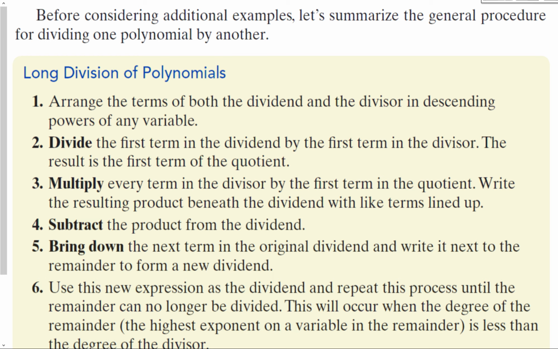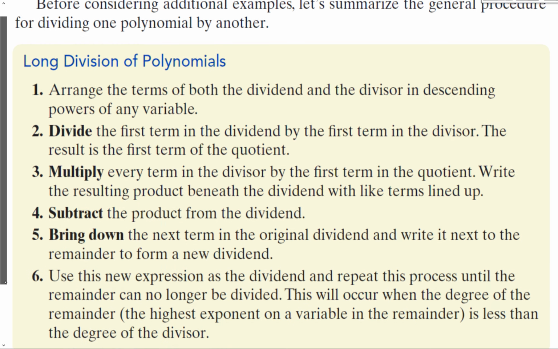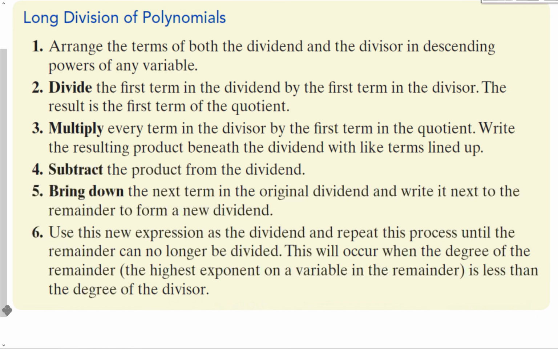Okay. Next, multiply. Multiply every term in the divisor by the first term in the quotient. Write the resulting product beneath the dividend with the like terms lined up. That's important too. Line up the like terms so you can stop from making a mistake. Subtract the product from the dividend, bring down the next term in the original dividend, and write it next to the remainder to form a new dividend.